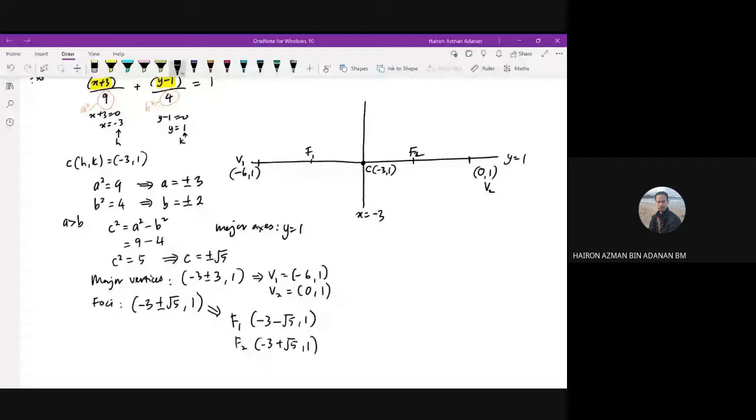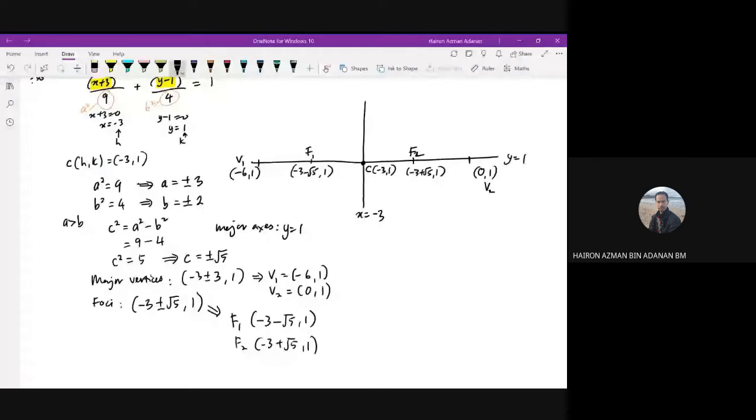No need to calculate, because if you calculate you will get decimal points. Sorry, negative 3 minus square root 5, 1 here, and negative 3 plus square root 5, 1 here. Done. That's for foci.